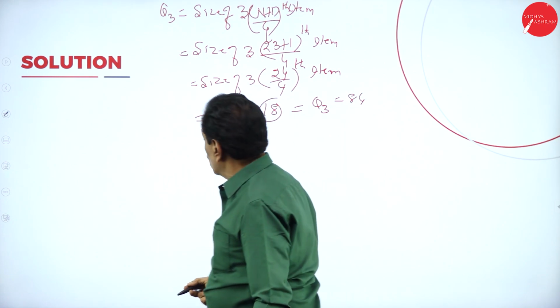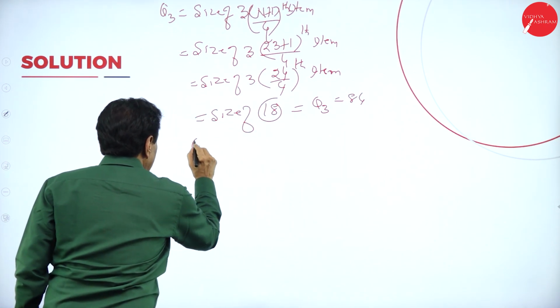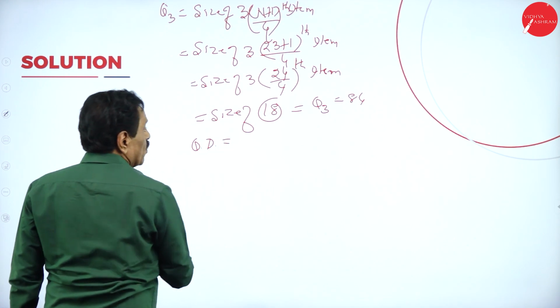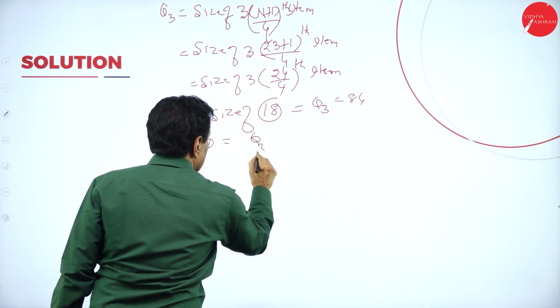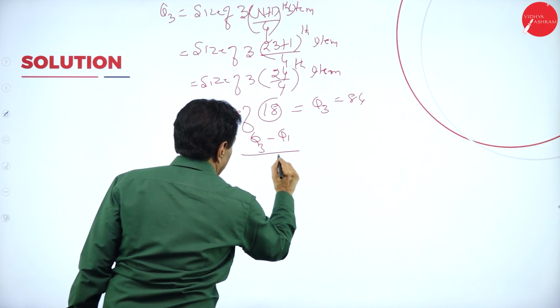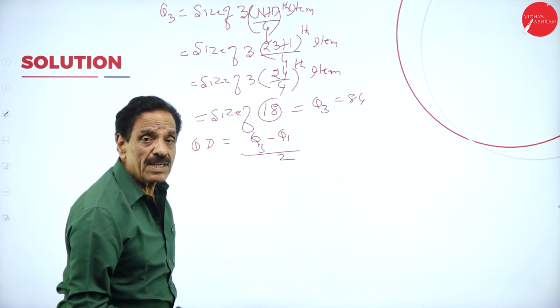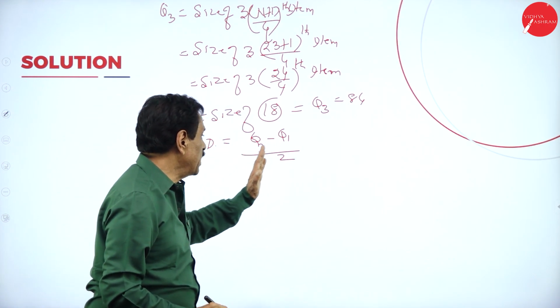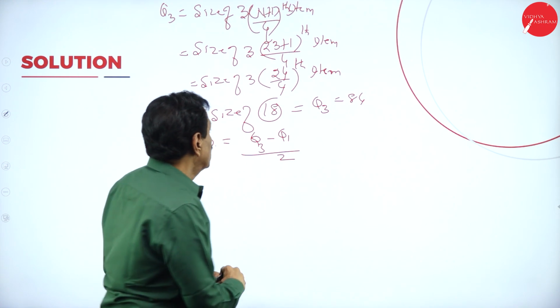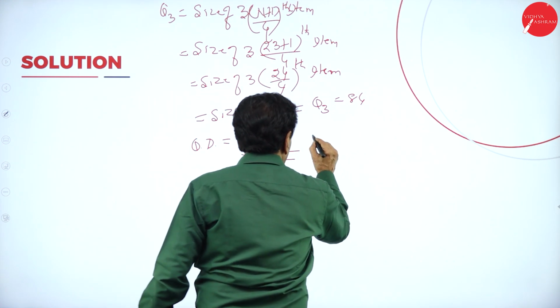Apply. Quartile deviation is equal to (Q3 minus Q1) divided by 2. What's your Q3? 84.